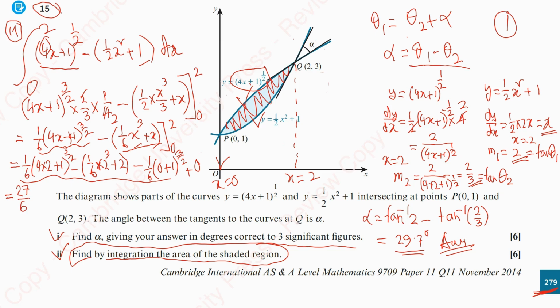Then another thing, minus 8 by 6, then minus 2 that I wrote here, and the last one is minus 1 by 6. Now we can use our calculator to get the answer. It is 27 by 6, then minus 8 by 6, then minus 2, and the last one minus 1 by 6. Let us use the calculator now.